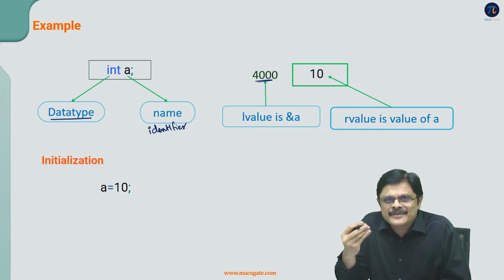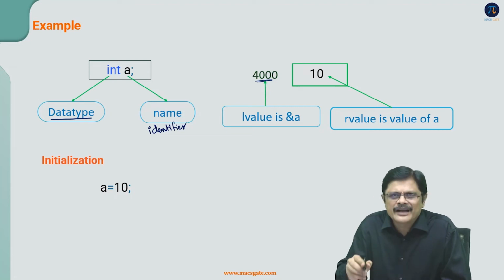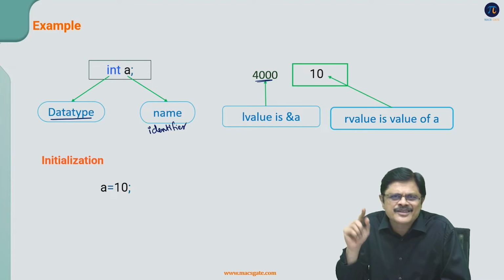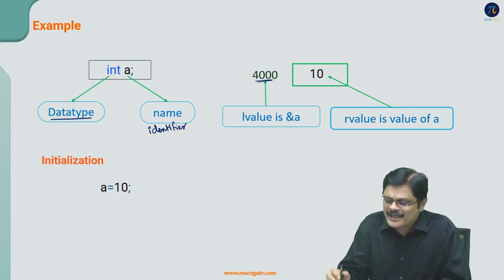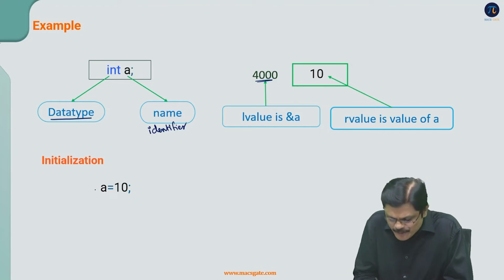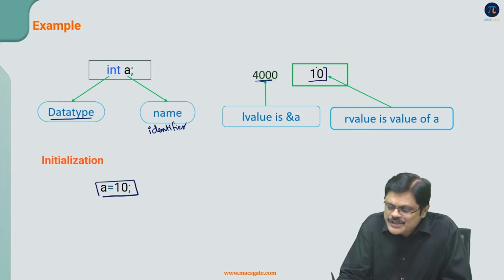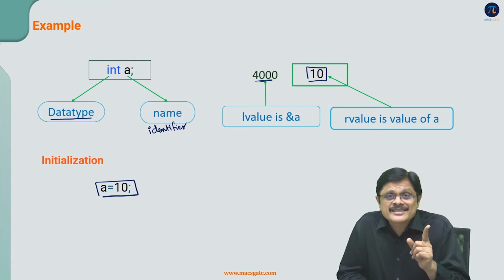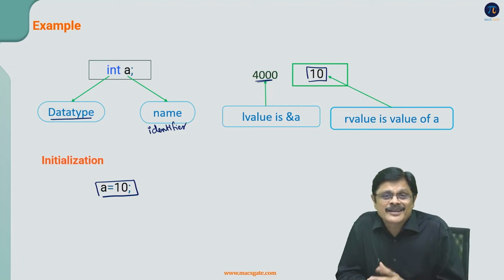I am directly giving some dummy value, sir. If you want to know the address, you can write a scanf function and use ampersand a, and you know the address of the variable. We'll see that. Then the value. Initially if you don't assign anything, it may be a garbage value, but once you make some initialization, that value 10 is stored in this particular location. Remember, L value means address, R value means the value at that particular address.